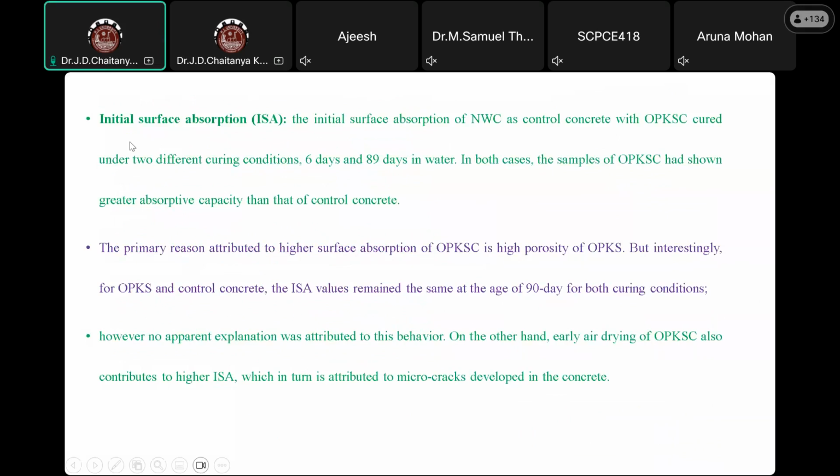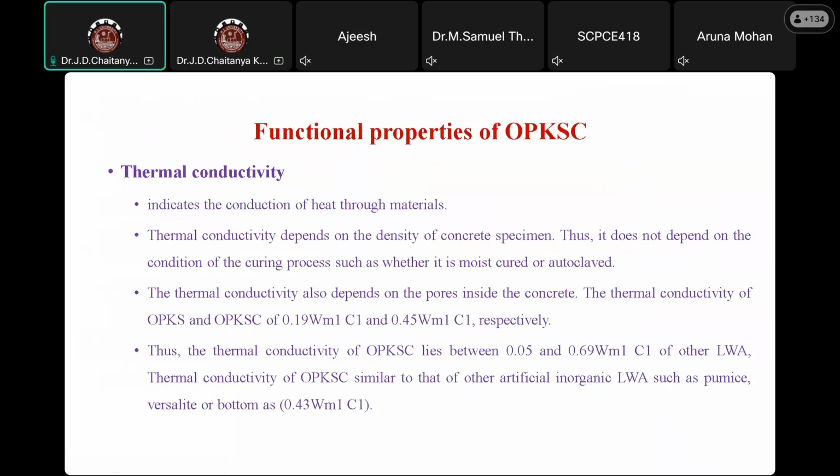The thermal conductivity also depends upon the pores in the concrete. To avoid these pores, we have to go with different mineral admixtures in the concrete, such as GGBS, fly ash, rice husk ash, metakaolin, and formaldehyde also. If we reduce this pore size, we can reduce the thermal conductivity values also. This is very important for the replaced concrete when you are using agro-industrial waste.